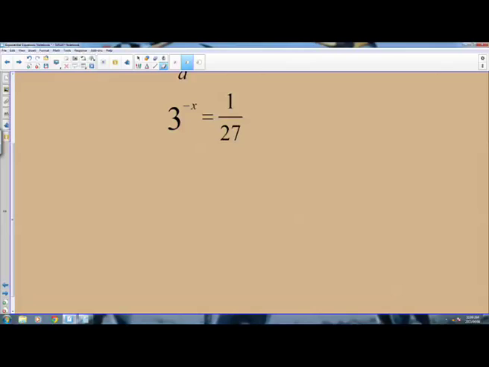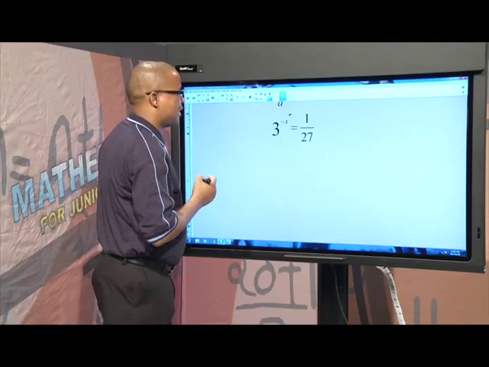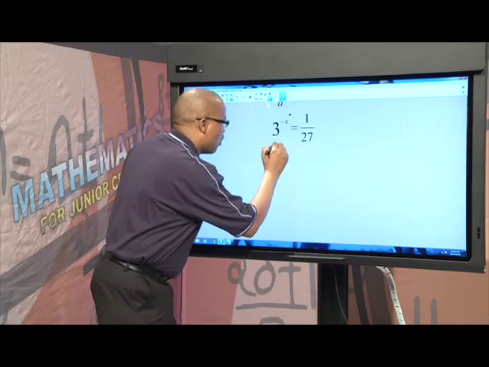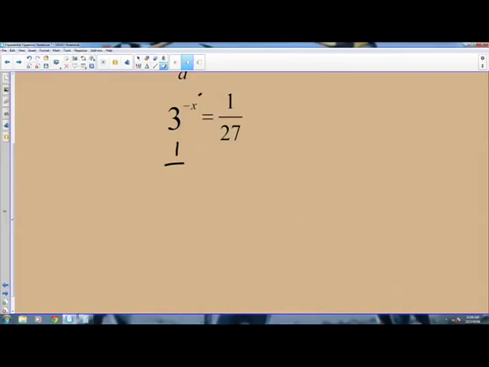3 to the power negative x is equal to 1 over 27. The power here is negative. So we are to solve for the variable x, not negative x, but the variable x. Now, we have to write this 3 to the power negative x as a positive index. This will be 1 over 3 to the power x.